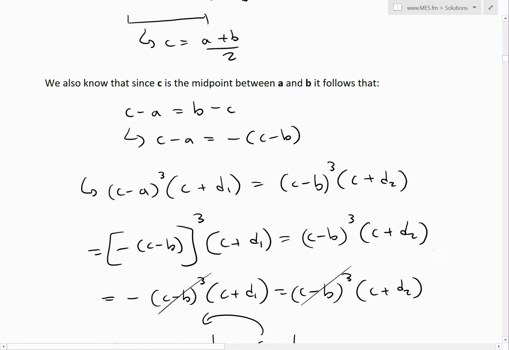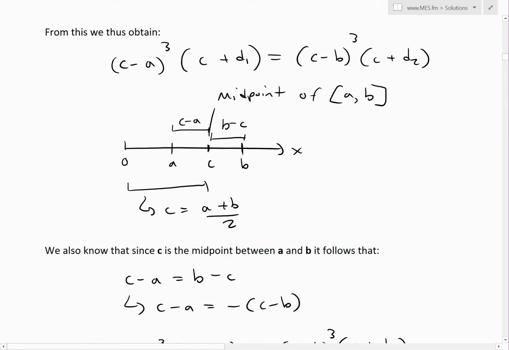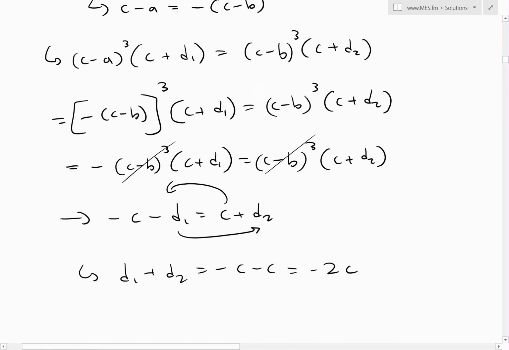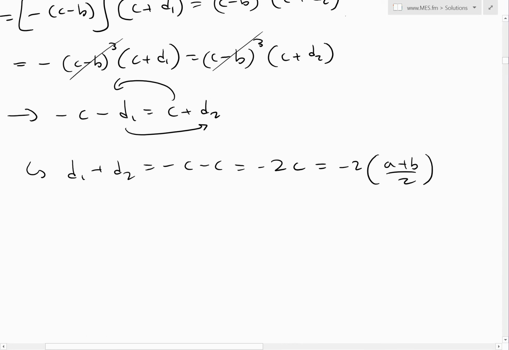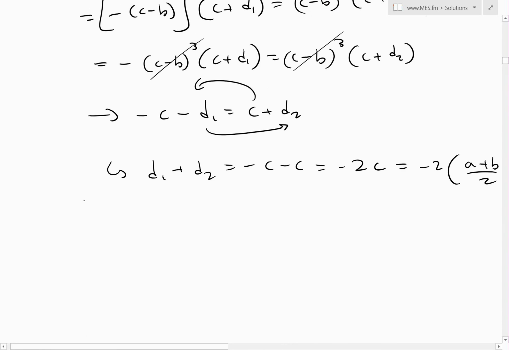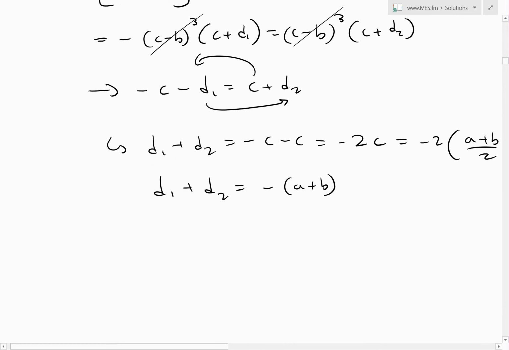Recall that c is the average, a plus b divided by 2, so that equals negative 2 times a plus b over 2. These cancel, so d1 plus d2 equals negative a plus b. This will come in handy later once we try to solve for d1 and d2.